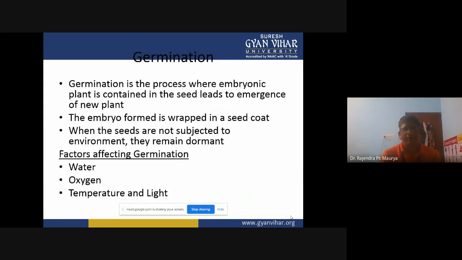Germination. Germination is the process where the embryonic plant in the seed leads to emergence of a new plant.